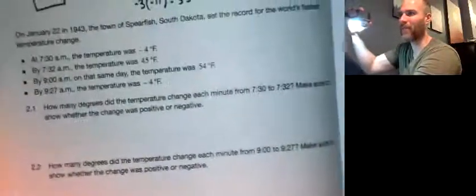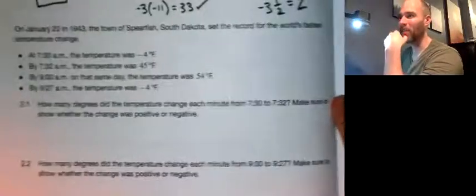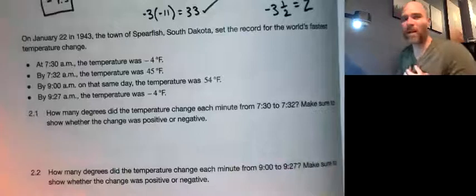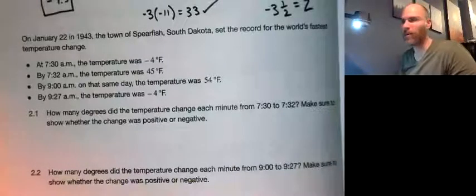So it says, on January 22nd in 1943, the town of Spearfish, South Dakota, that's really north in the United States, where it gets pretty cold up there, set the record for the world's fastest temperature change. At 7:30 a.m., the temperature was -4 degrees.